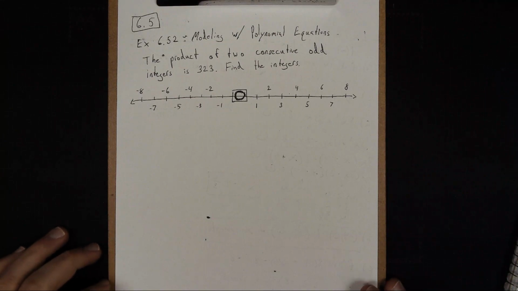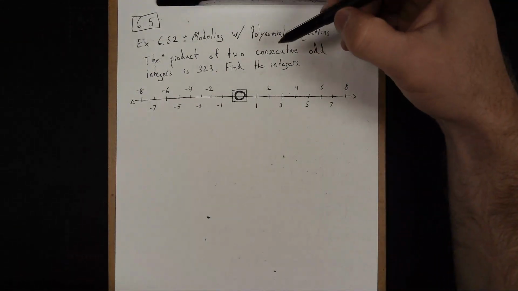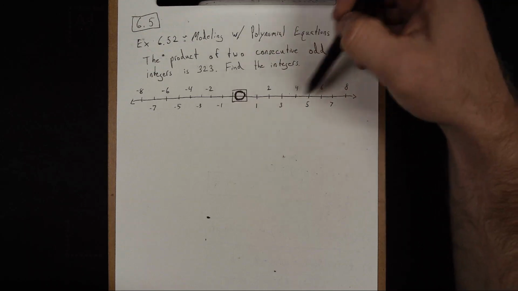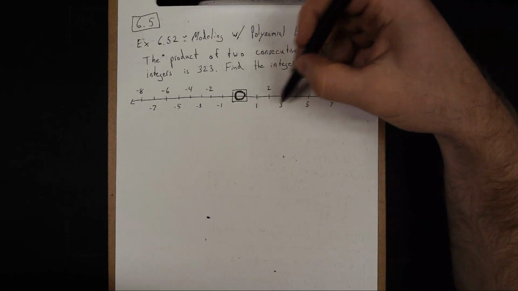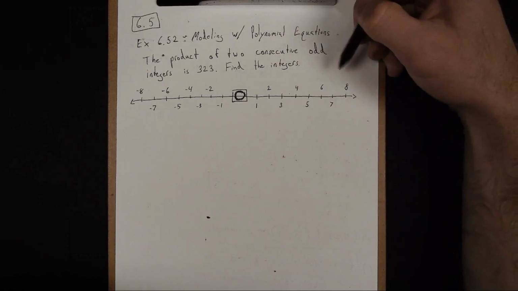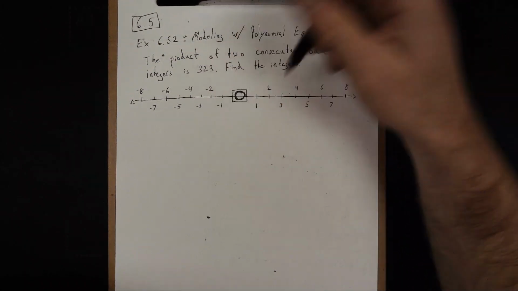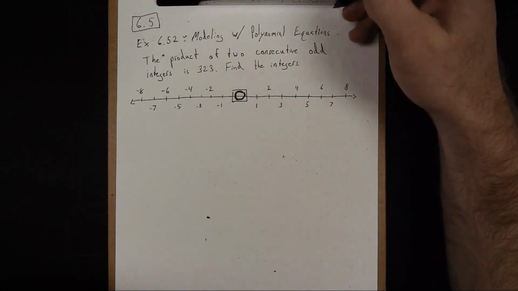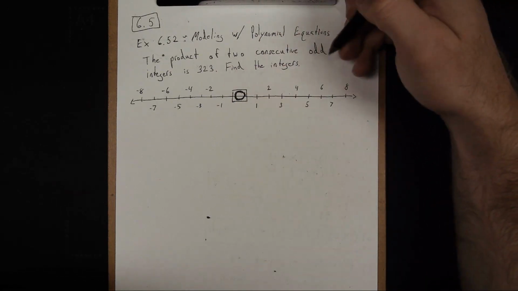Okay. All right, so first thing I want you to think about is where my odd integers are, they're below. What are consecutive odd integers? Well, 1 and 3, those are two consecutive odd integers. 5 and 7, -5 and -3, -1 and 1, all consecutive odd integers. How do we get from 1 to the next?